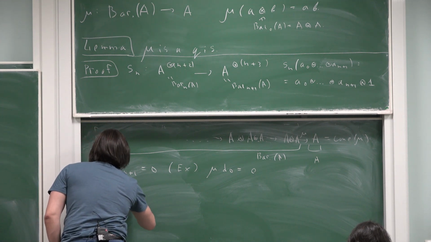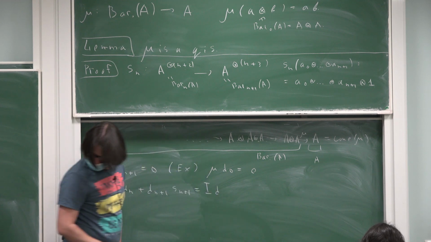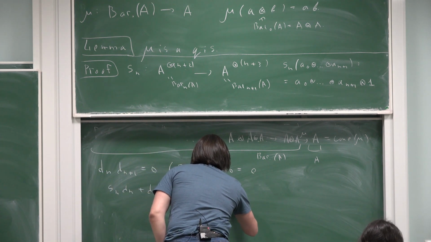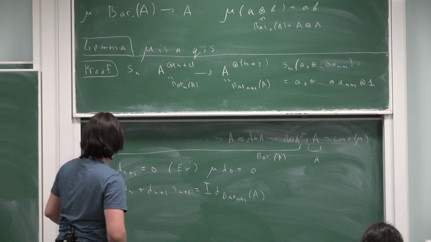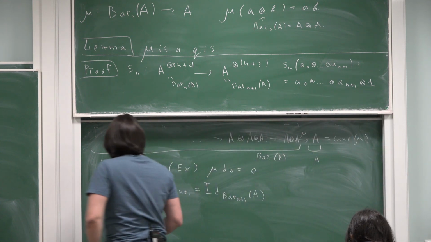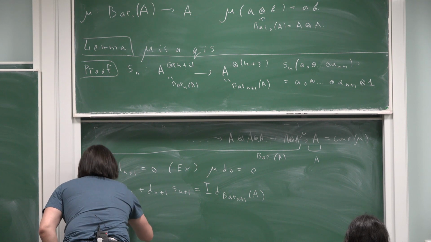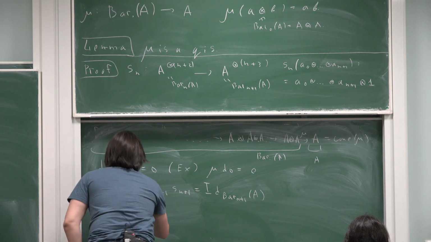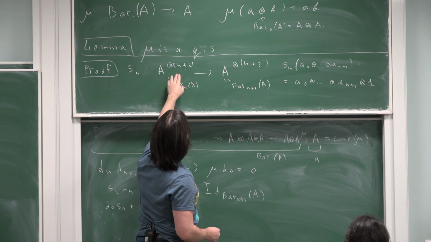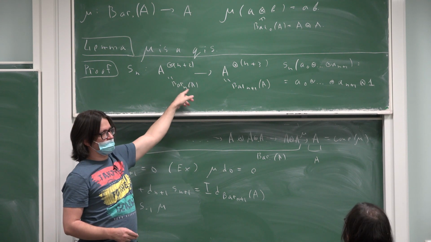And then we have to check that s_n d_n plus d_(n+1) s_(n+1) is the identity, starting from bar n+1 of A, and analogous equalities but involving mu: here we have to check that d_0 s_0 plus s_(-1) mu is the identity. Here s_(-1) is well defined too, while we will not have bar (-1) of A, because bar (-1) of A is not defined.